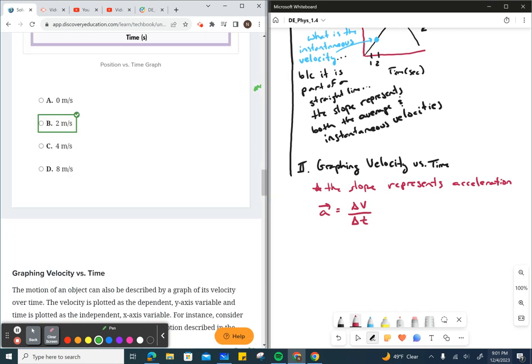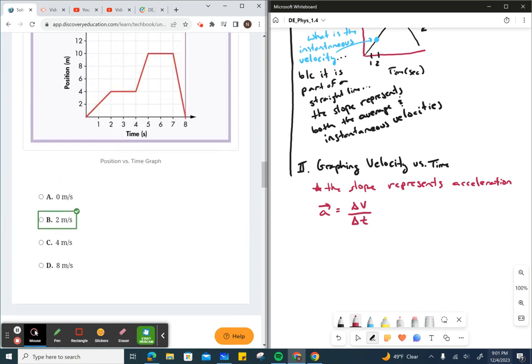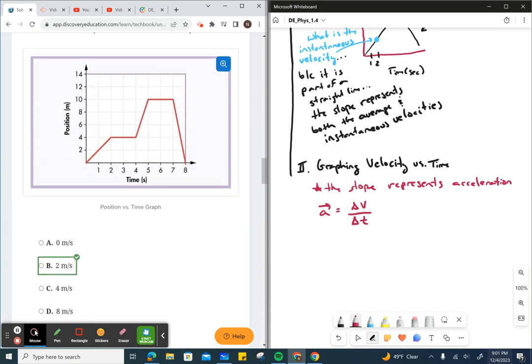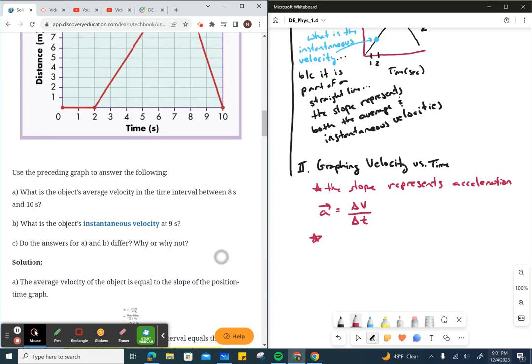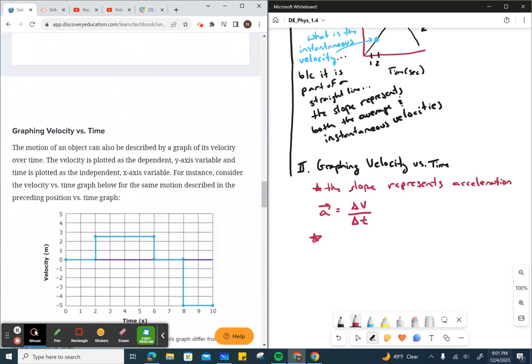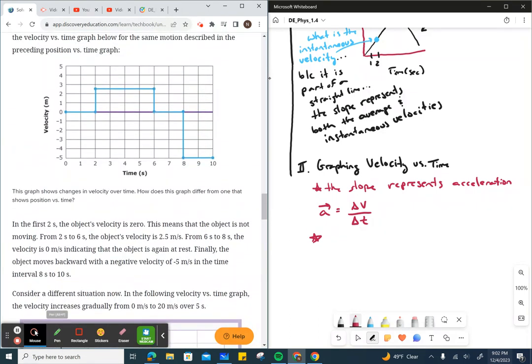Okay, represents displacement. Sorry about that. So we can write that over here. Where were we writing that there? Okay.